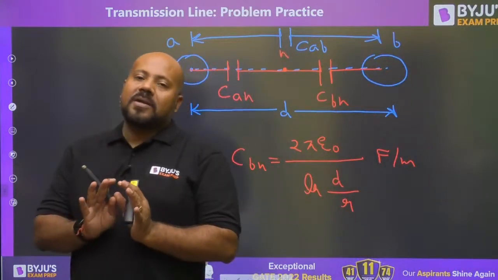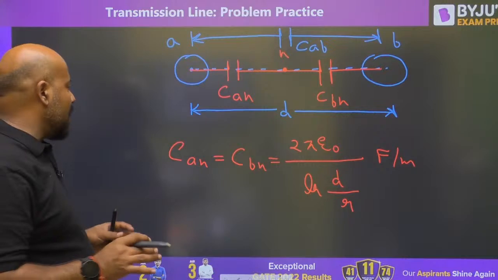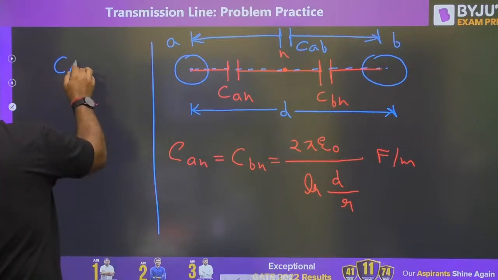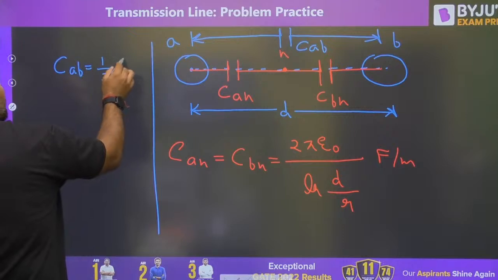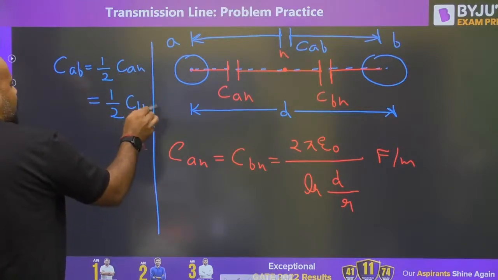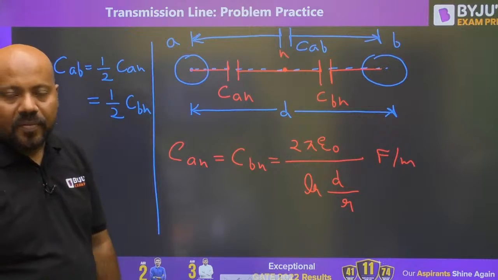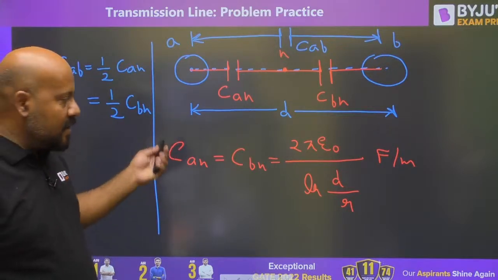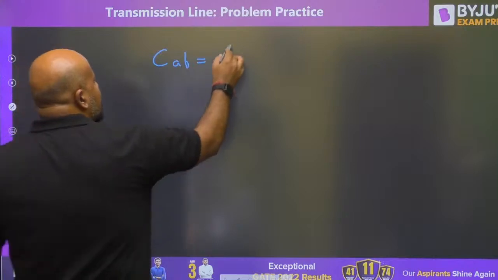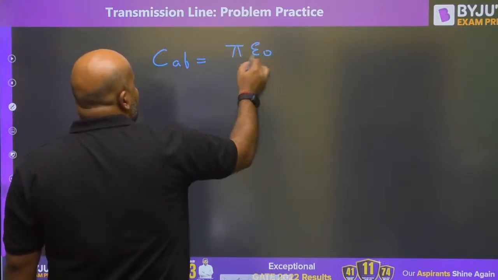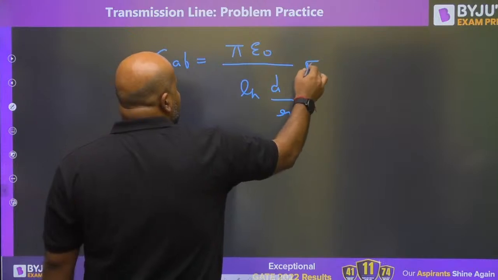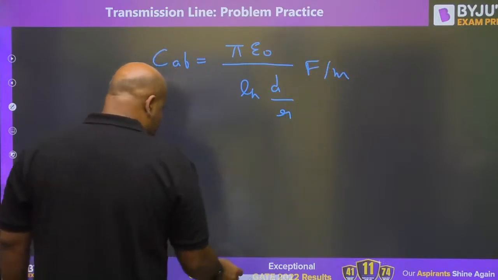So all my friends, just tell me in the comment section, if you know ABCD of electrical engineering, can I write CAB as 1 by 2 CAN or equal to 1 by 2 CBN? Can I write like this or not? If I can write like this, I can write the line capacitance as pi epsilon naught ln d by r, and this is farad per meter.